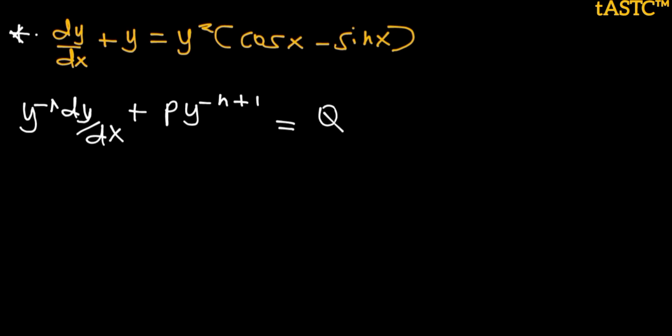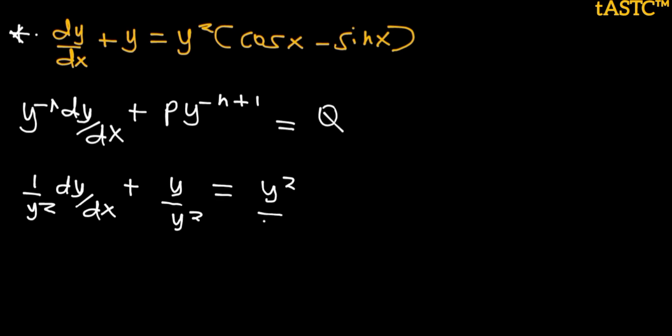So of course you need to take out all the y variables from the other side of the equality sign. So we need to take y squared away from here. That will be by dividing through by y squared. So that will be 1 divided by y squared dy dx, and here we're going to have a y divided by y squared, and on this side we have y squared divided by y squared, and you're going to have a cosine x minus sine x.